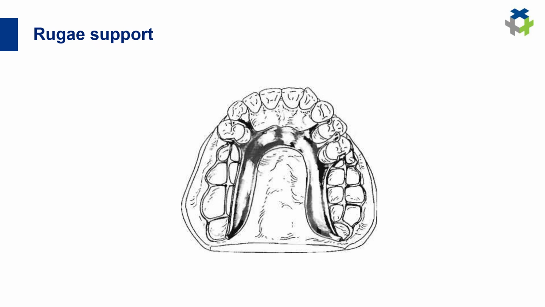The rugae support, especially in the major connector which covers the palate, if this major connector is covering the rugae, can also provide some amount of indirect retention.